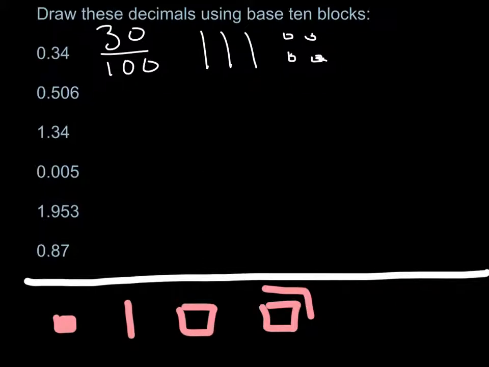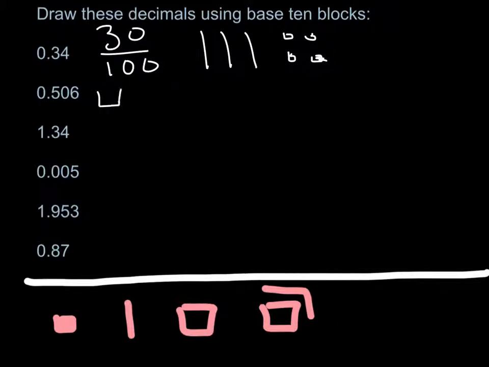In the next one, I have 0 and 506 thousandths. I'm going out to the thousandths place value. It says 506 thousandths. So I need to use the flats because those represent the hundreds. And I have 506.